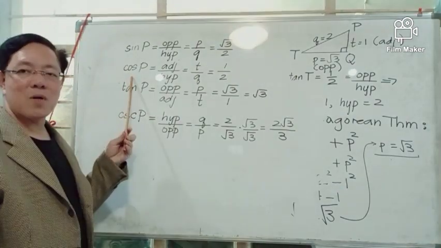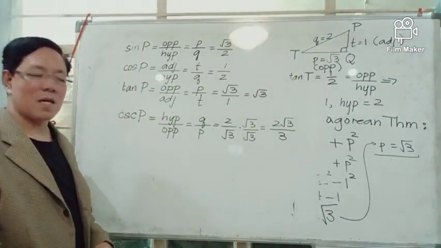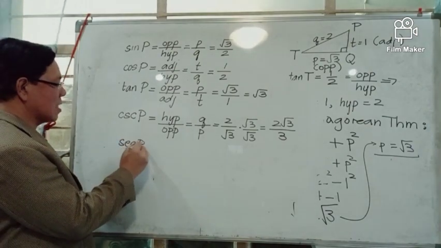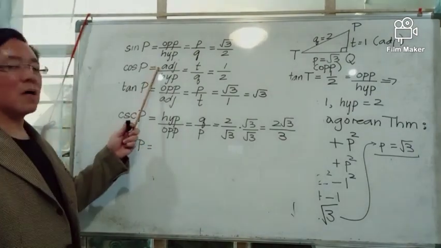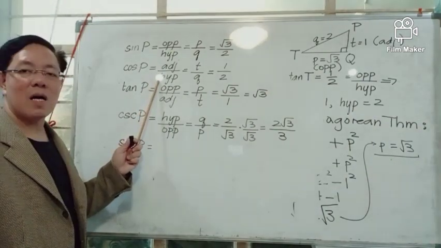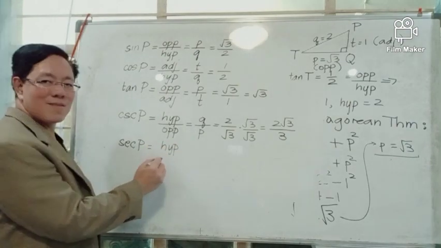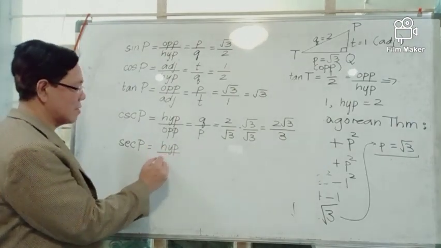Next, reciprocal of cosine P is secant. The secant P equals the reciprocal of adjacent over the hypotenuse, or hypotenuse over adjacent.